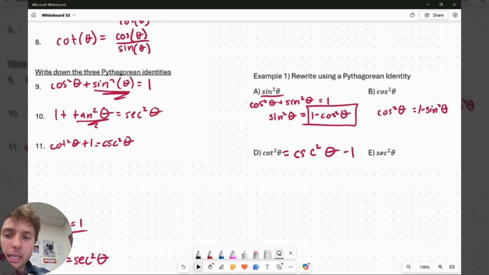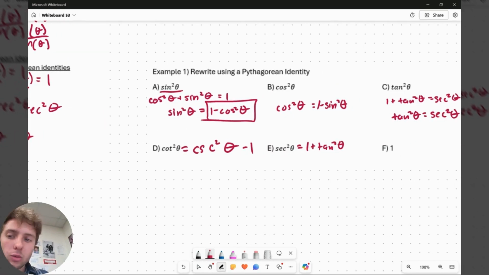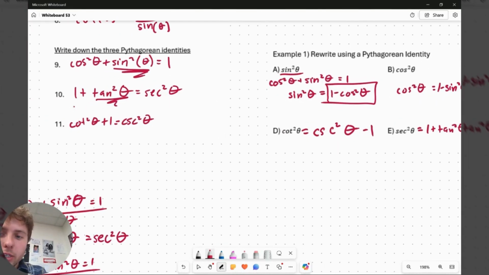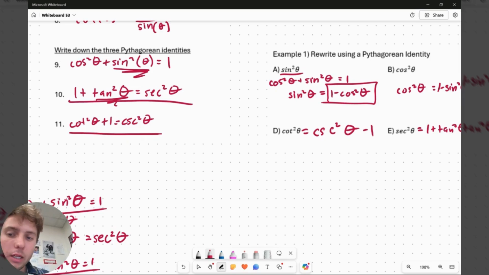If I got secant squared theta by itself, notice it's already by itself, so I already know that answer right away. And the last one, a value of 1. I know that value of 1 could have been found from cosine squared and sine squared. That value of 1 also occurs in each of these other formulas.